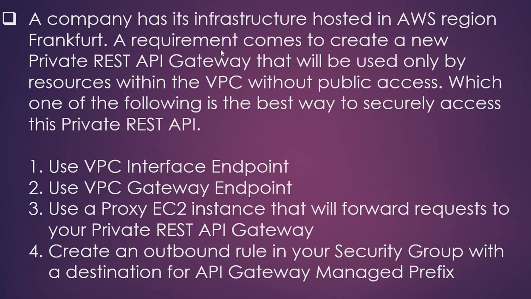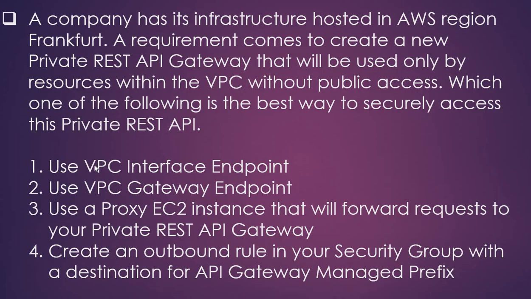So first understand the key point. The key point is that you have to create a new private REST API gateway. You will create the REST API gateway, but it will be private and can be accessed within the VPC, so it cannot be accessed publicly. So which is the best way to securely access this private REST API?